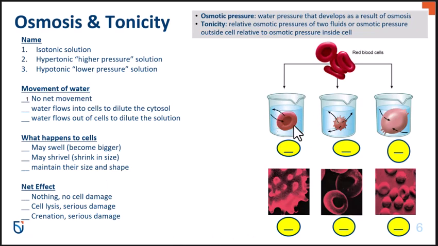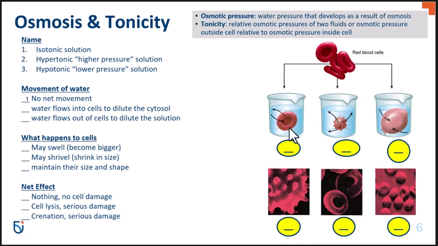This here's an example of a red blood cell in an isotonic solution. And so we can say that the tonicity outside the cell in the solution here is the same as the tonicity of the red blood cell. And water likes to follow tonicity or follow solutes.